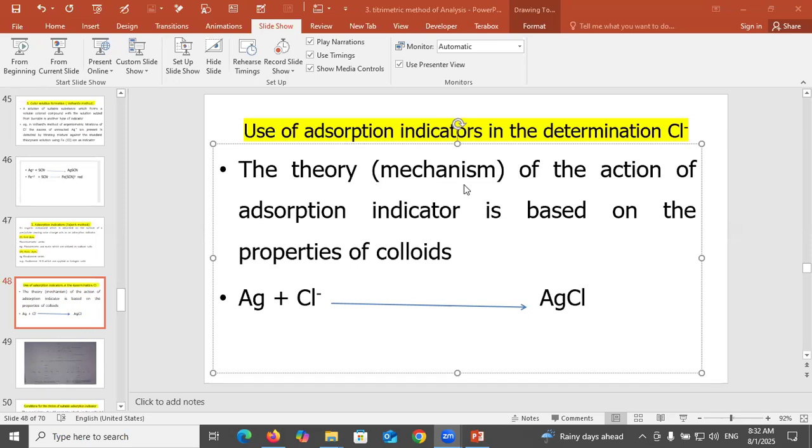The mechanism of the action of adsorption indicators is based on the properties of colloids. For example, silver reacts with chloride to give silver chloride.